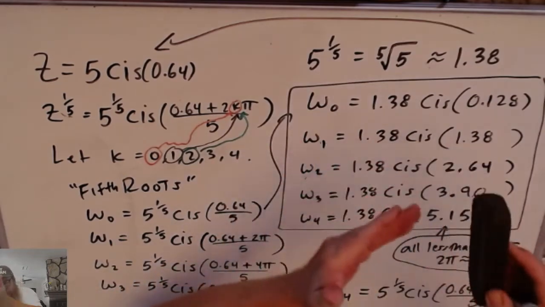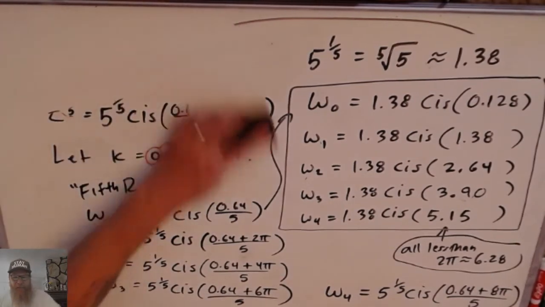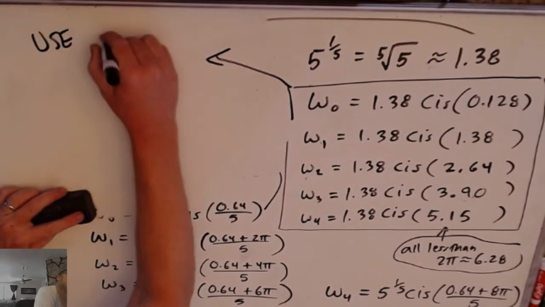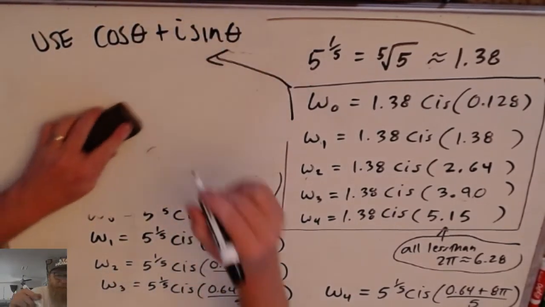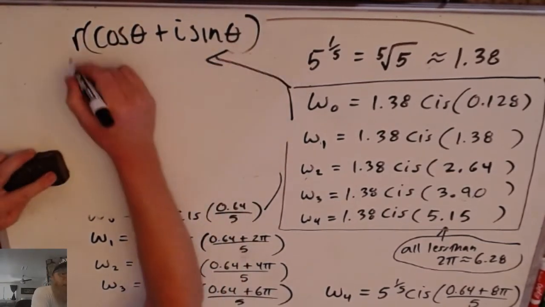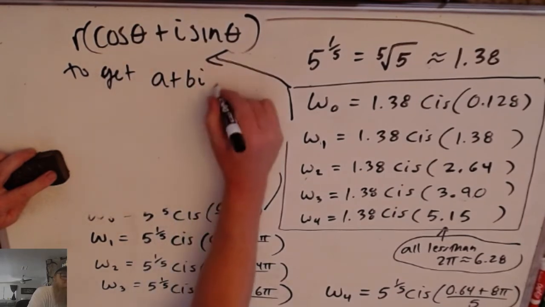We have to actually do cosine, I, sine to get the complex values. So now use cosine and sine to get, and R also, don't forget the R, to get A plus BI form.